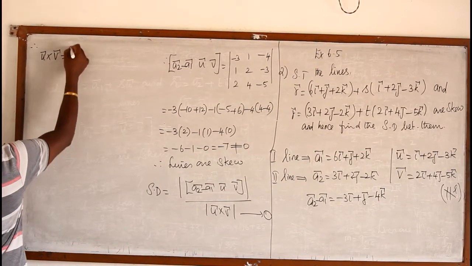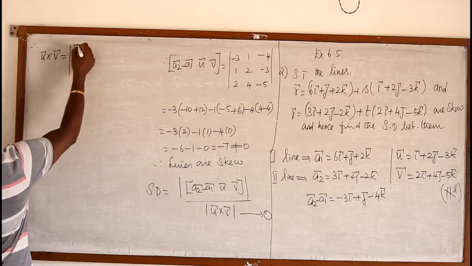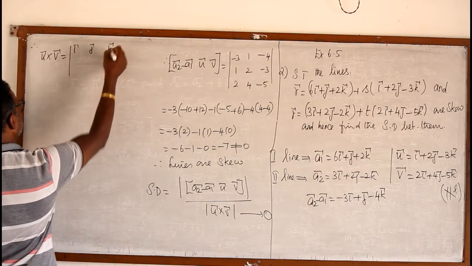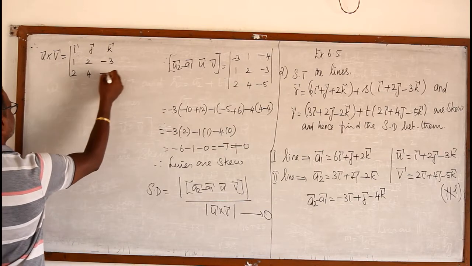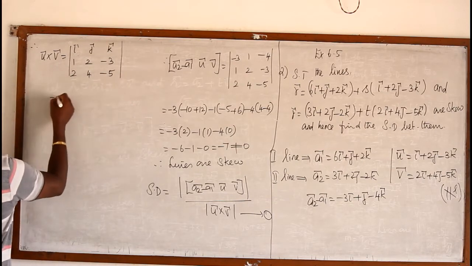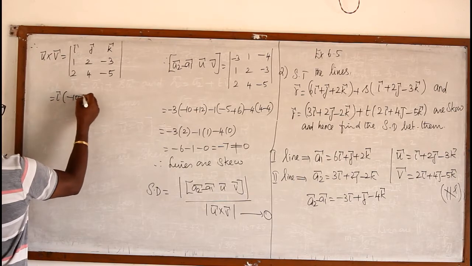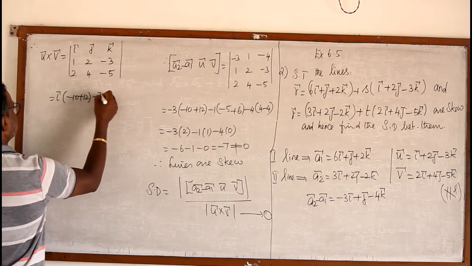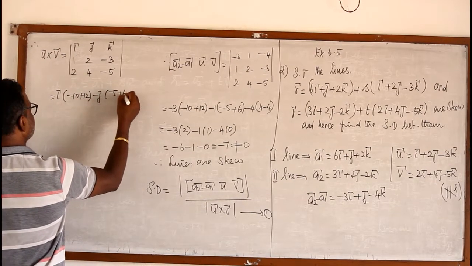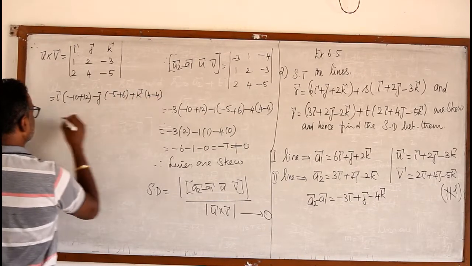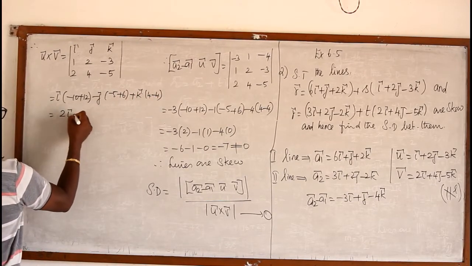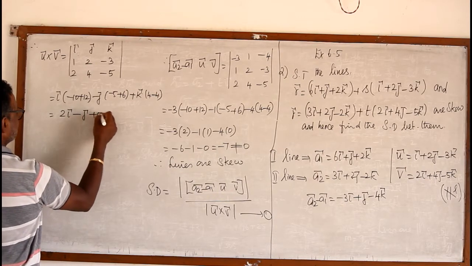So u cross v is, again, cross product means determinant, but here the first row is i, j, k. u is 1, 2, minus 3, v is 2, 4, minus 5. It means i into (minus 10 plus 12), minus j into (minus 5 plus 6), plus k into (4 minus 4). That is 2i minus j plus 0k.